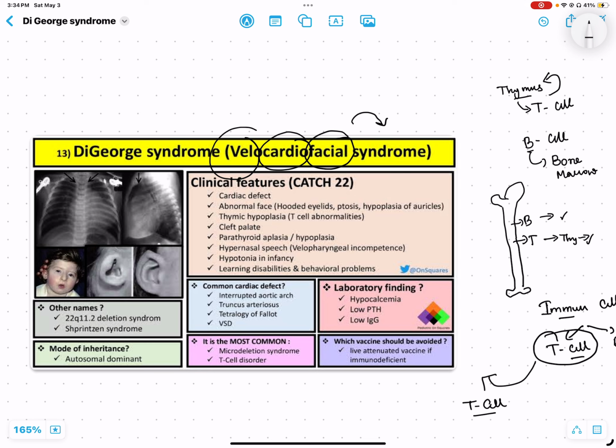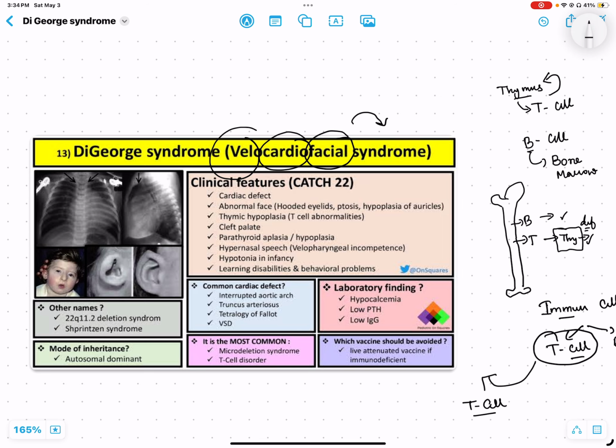So when I say there is a T cell disorder, that pretty much means the thymus is defective. And remember, the thymus comes from one of the pharyngeal pouches.